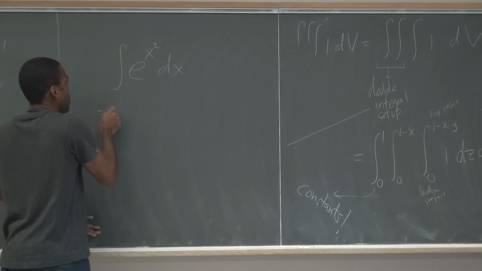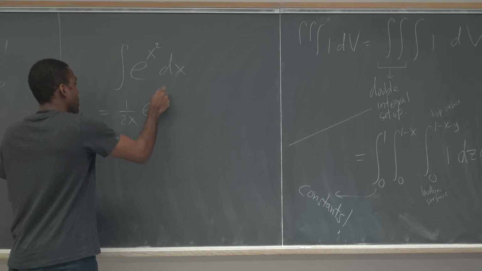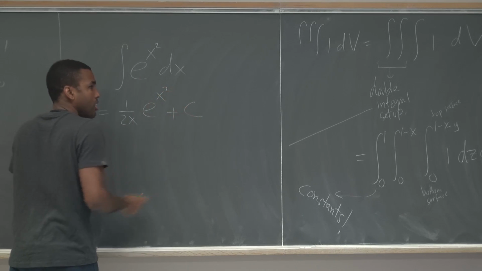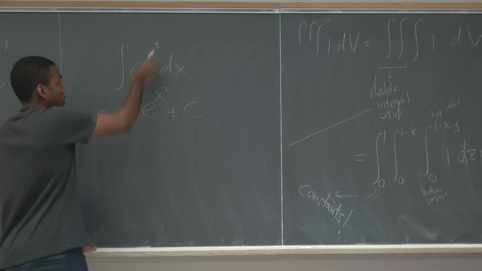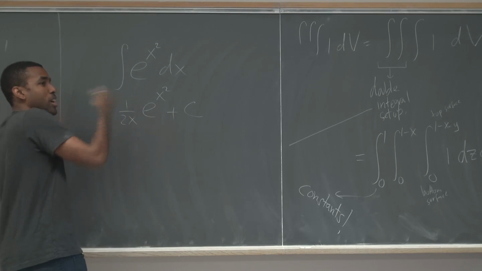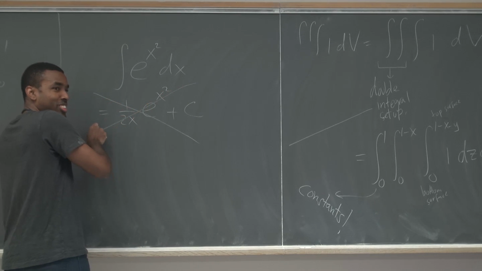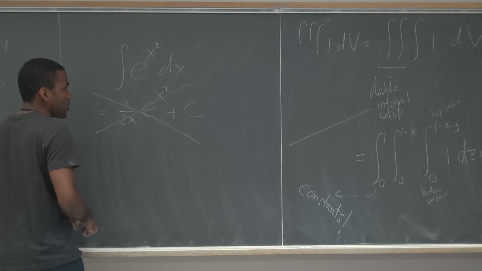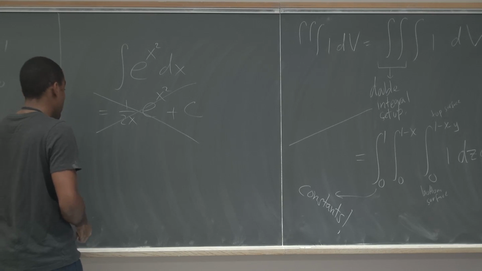The integral of that was 1 over 2x e to the x squared. The reasoning was, well, if you let u as this, then your du is 2x, and then you just divide by it on the other side. Yeah, that's totally wrong. Right? So that sort of trick you can use only when your derivative is a constant. So I want to make sure I mention that.